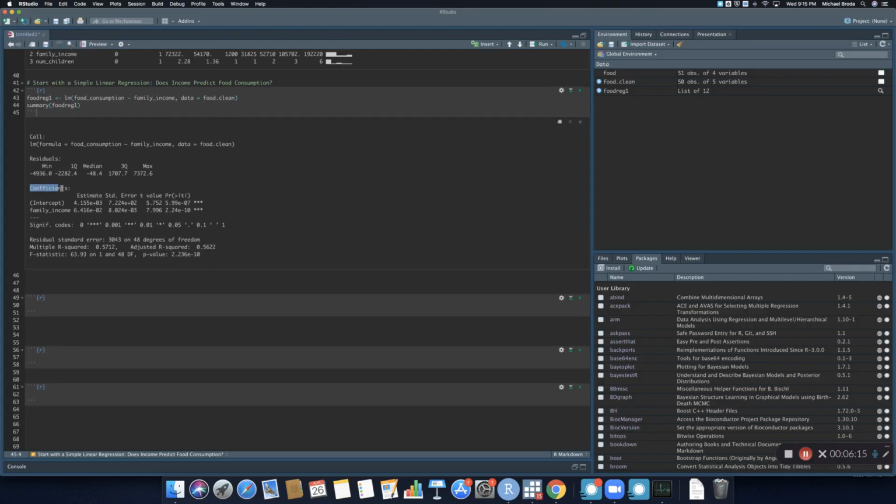Then we get our coefficients. These are our model estimates. The first thing we get is our intercept. So that is beta 0 in our equation, y equals beta 0 plus beta 1 times x plus e for error. So that intercept is 4.155 e plus 03. Wow, that's kind of annoying. That's actually in what's called scientific notation.